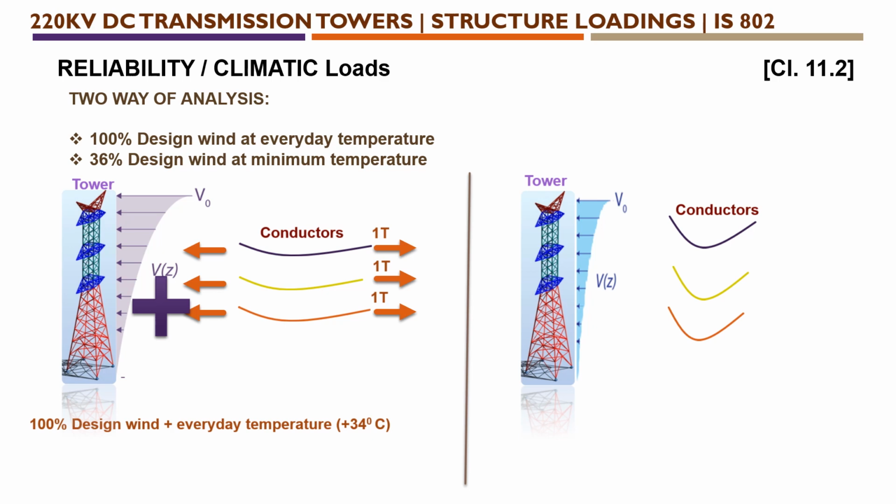And when talking about the conductor tension, the static, mechanical tension we calculate, in that we are going to consider 36% of design wind, so that the sway on the conductor due to the reduced wind will be less.